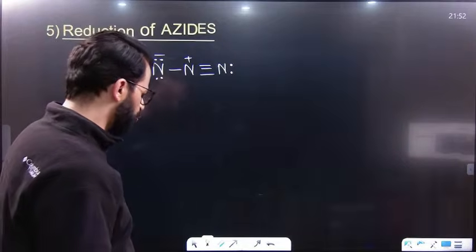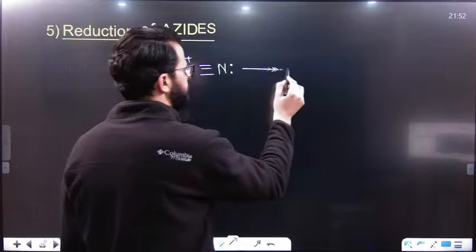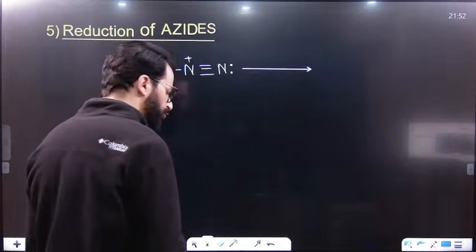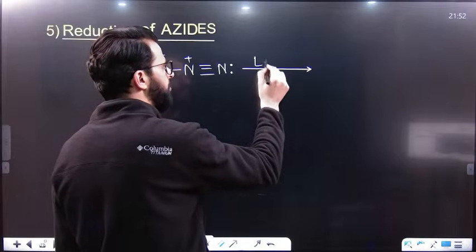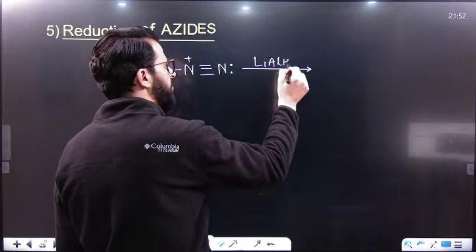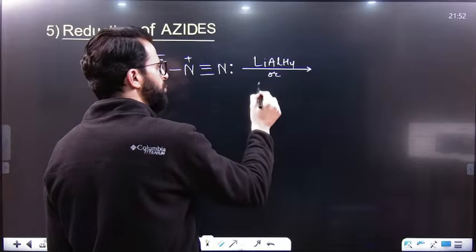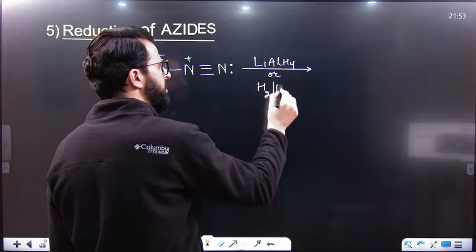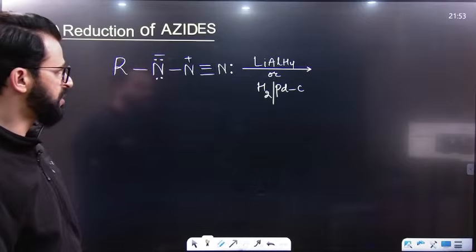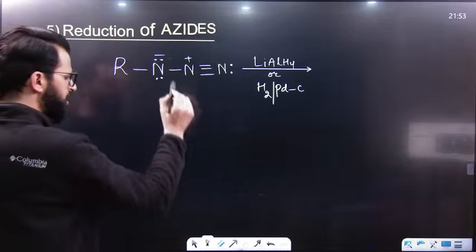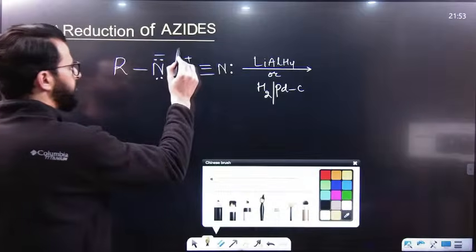What we have to do is very simple. We have to convert it into NH2. So with the help of which reducing agent can we convert this? Number one is lithium aluminium hydride, or you can use hydrogen in presence of palladium as a catalyst, with small amounts of carbon on the palladium surface. Now, what will happen? You just break this bond.